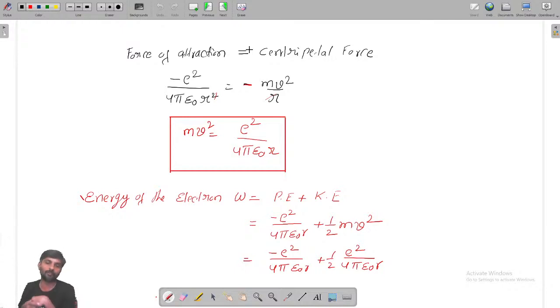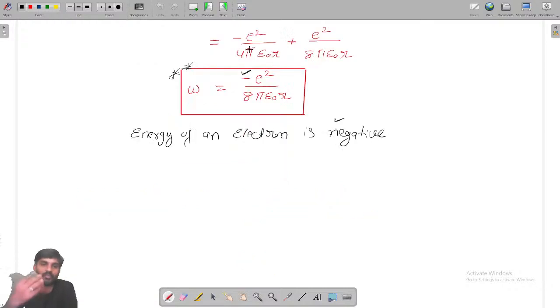The energy of an electron is going to be minus e square by 4 pi epsilon naught r plus half mv square. That is the derivation we have done, and we got that the energy of an electron is negative.